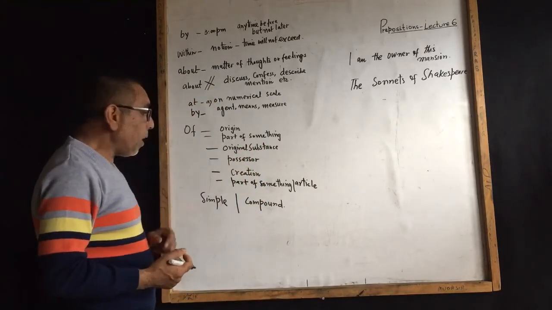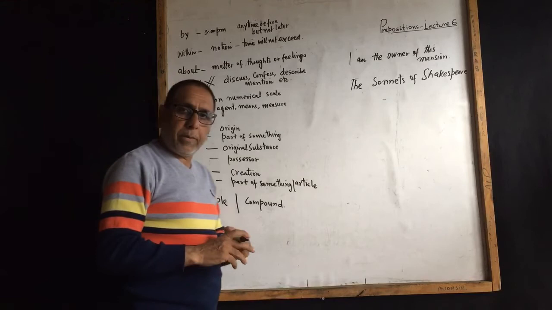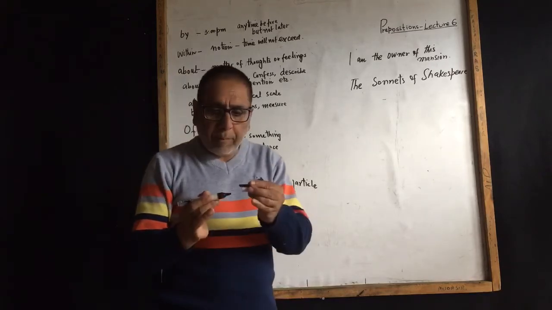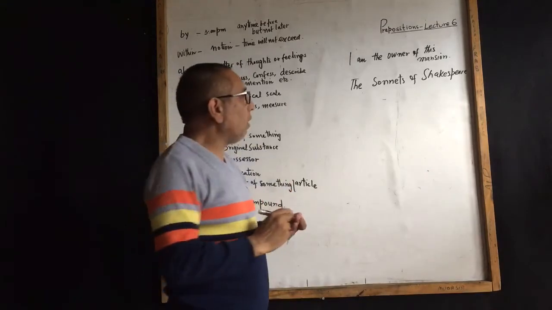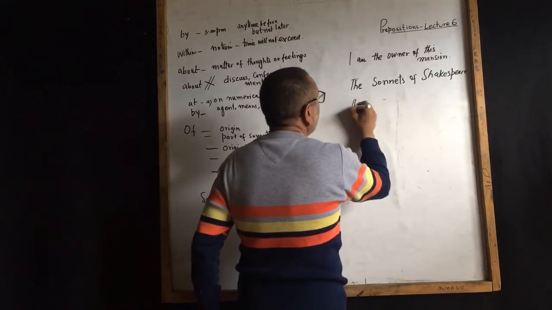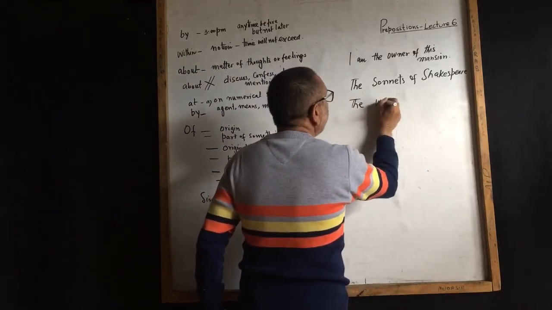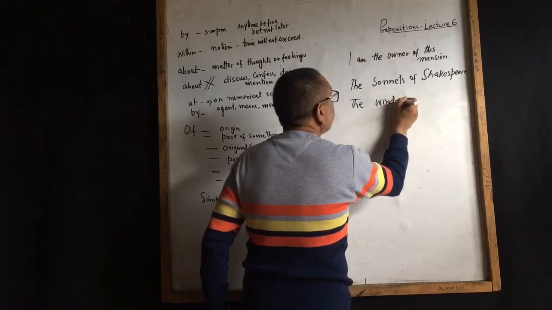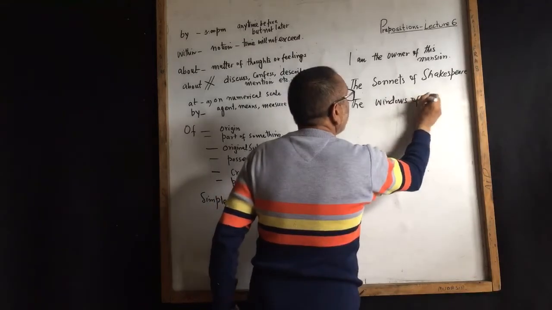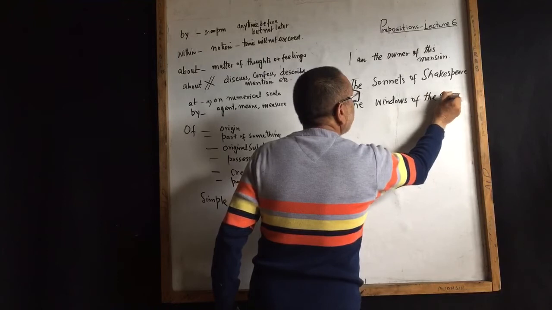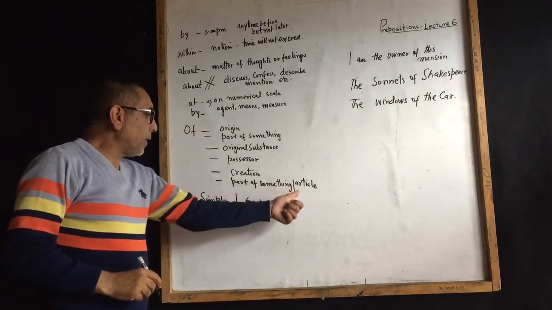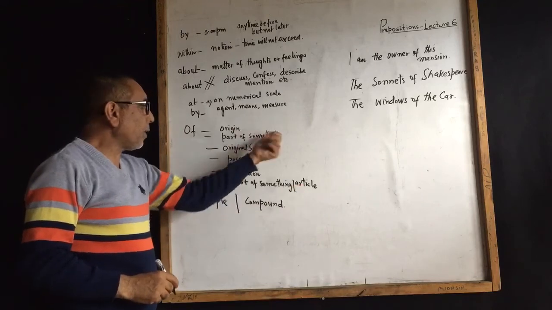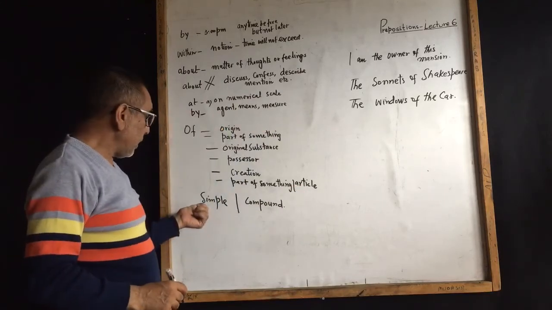Accordingly, when you say part of some article, for example, the cap of this marker, the handle of the door, the windows of the car. So this is part of something in articles.